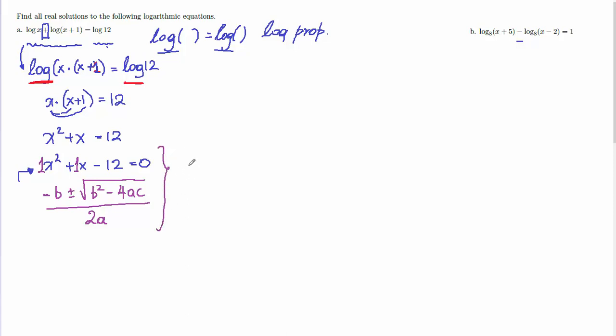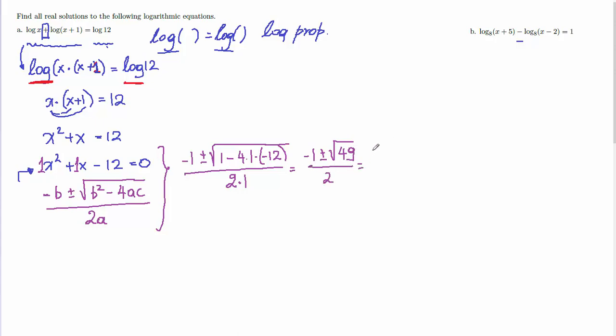What I have is negative 1 plus or minus the square root of 1 minus 4 times 1 times negative 12, divided by 2 times 1. And this gives me negative 1 plus or minus the square root of, minus times minus is plus, 4 times 12 is 48, so 1 plus 48 is 49, divided by 2.